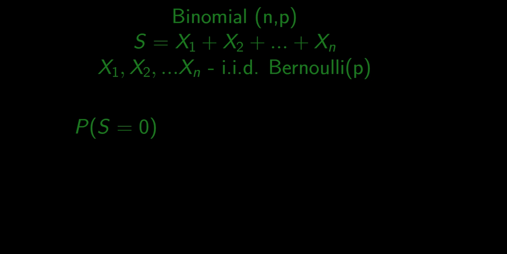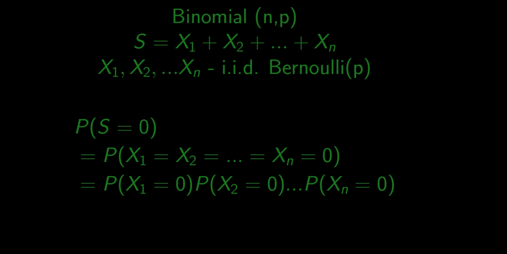For the sum being equal to 0, all the trials must also be equal to 0. So the probability of getting 0 heads is equal to probability of getting tails in each trial. Since the trials are independent, this probability is equal to the product of the probabilities. To convince yourself that this is the case, think about probability of getting 2 tails in 2 fair coin tosses.